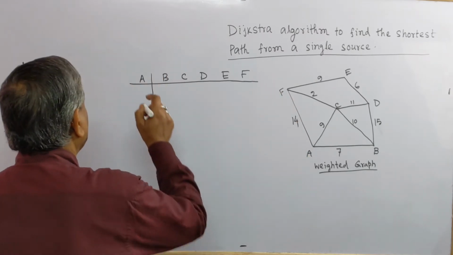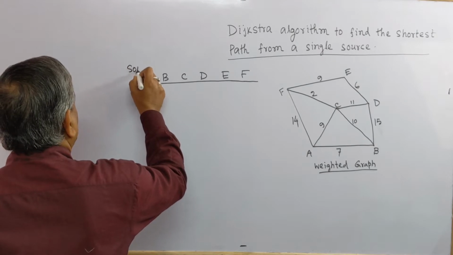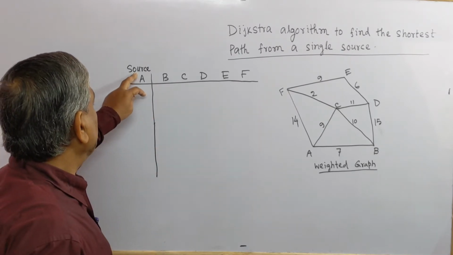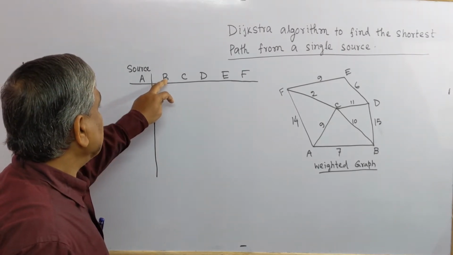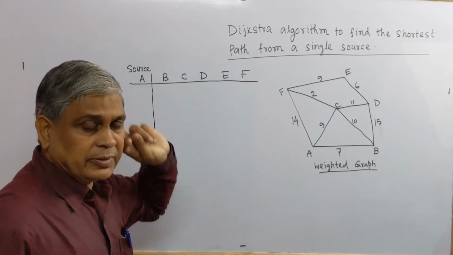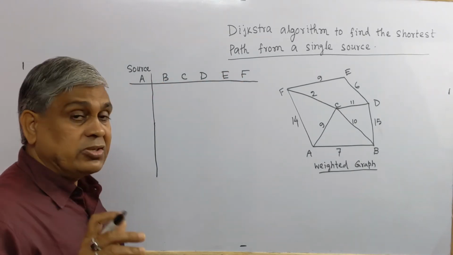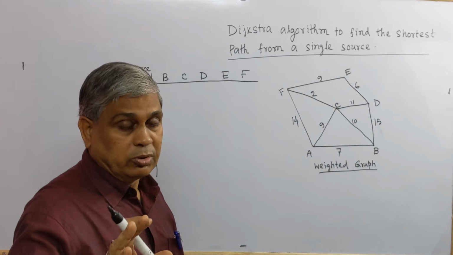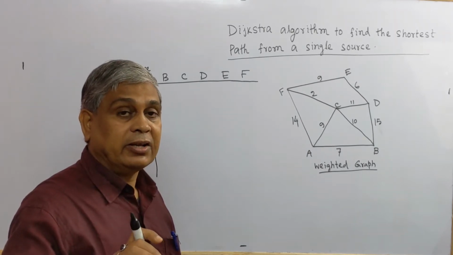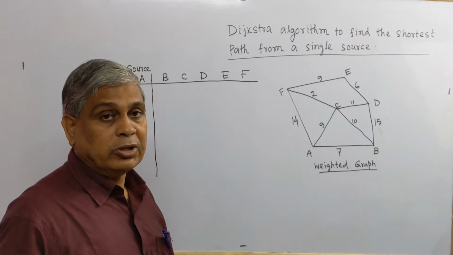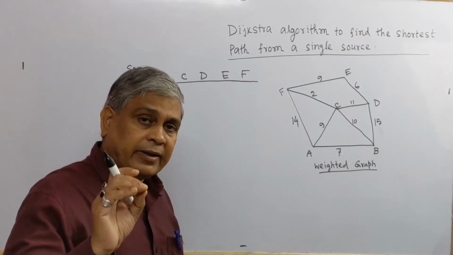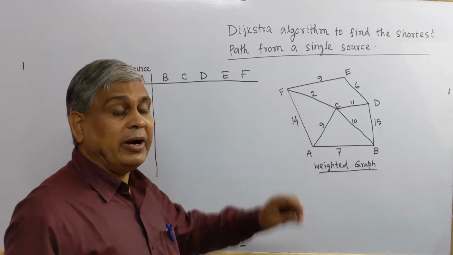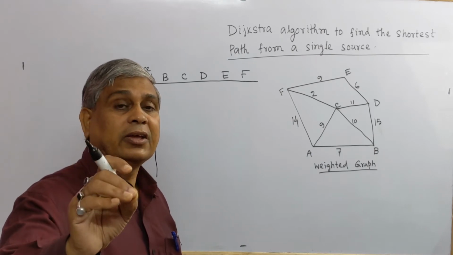Let source be A. Now we write here source A, then we write vertices B, C, D, E, F. Since the shortest path from A to A is 0, we will not write this number 0. And initially we write the distances of other vertices from A as infinity.